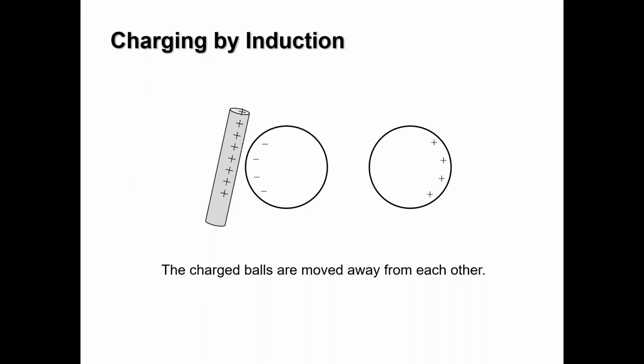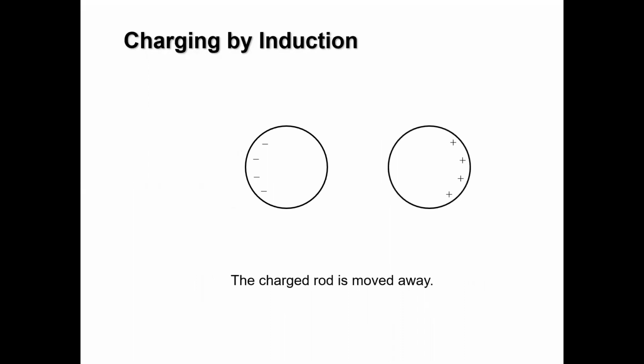And if you move the charged rod away, they become positively charged and negatively charged. This kind of charging of objects is called induction.